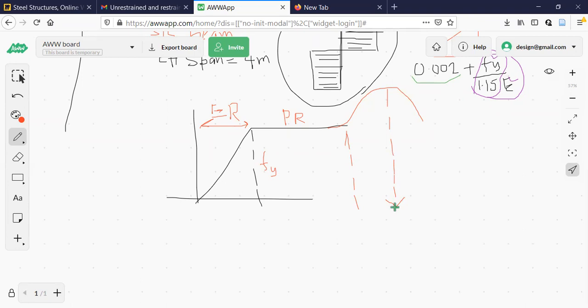But as the force is increasing, the diameter is reducing, and this is not accounted for. That is why there is a rise in this. This is Fu. Actually, it fails here. But what I'm trying to tell you is, compare PR with the stress strain curve of concrete. What is happening there? You see here.